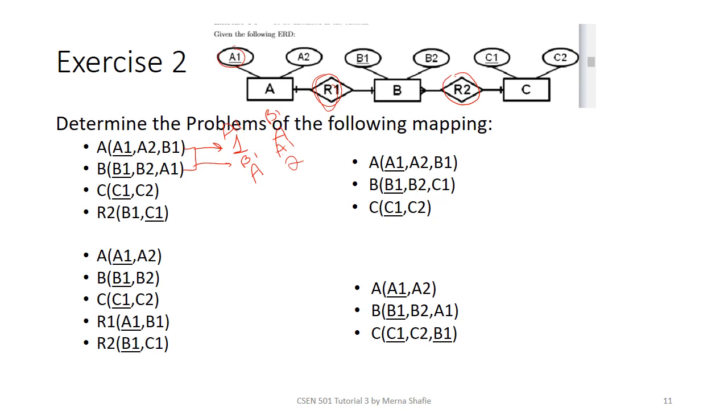It says here that the value 1 in A1 is related with the value A of B1. And the other relation says that the value A in B1 is related with the value 2 of A1. Do these two state the same thing? No, they do not state the same thing. Although they should be consistent, because this is at the end of the day a foreign key to this table, and this is a foreign key to that table. So this should not be allowed.